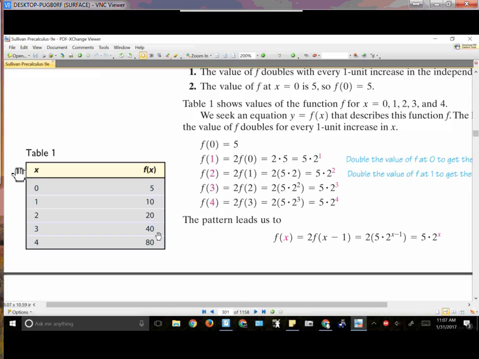You keep multiplying it by 2. That's all that we're telling you to do. So that gets us down here. But what did I start with? I started with 5. And if x is 0, anything to the 0 power is 1, 1 times 5 is 5.